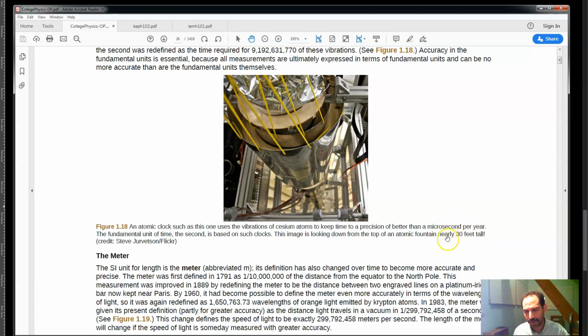30 feet would be something about... I'm not very good at the customary system. 30 feet is something about 900 meters or so, I'm not sure.